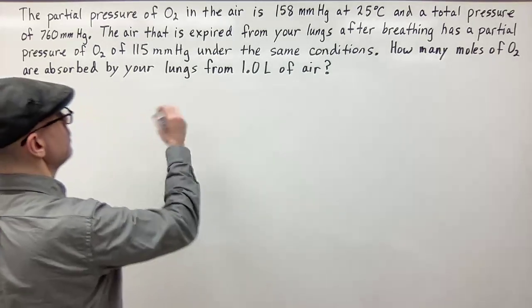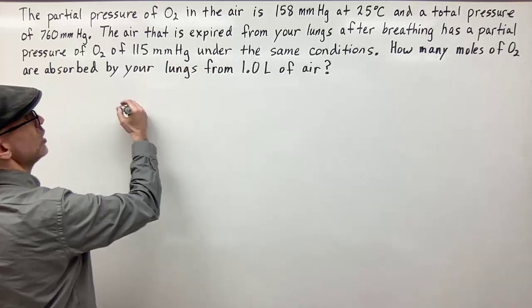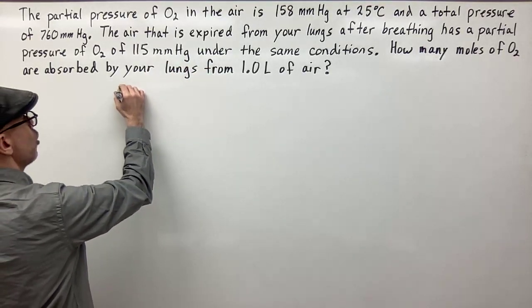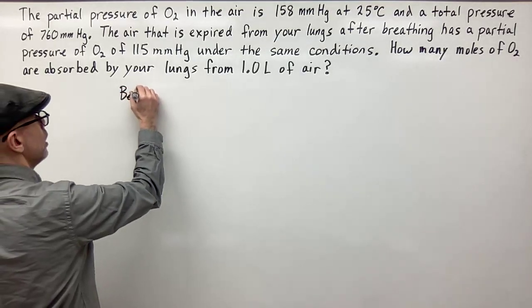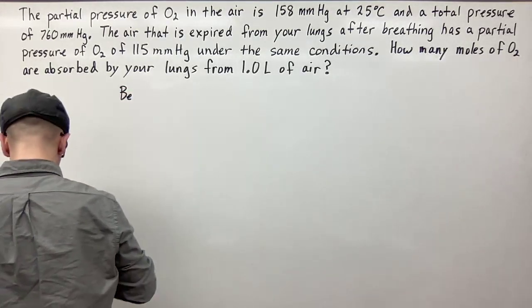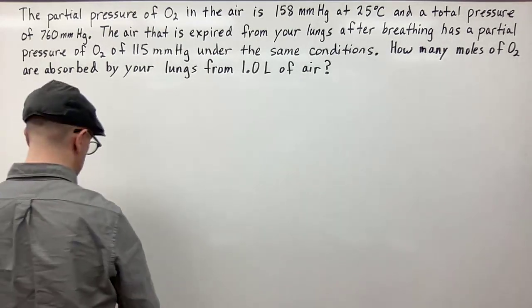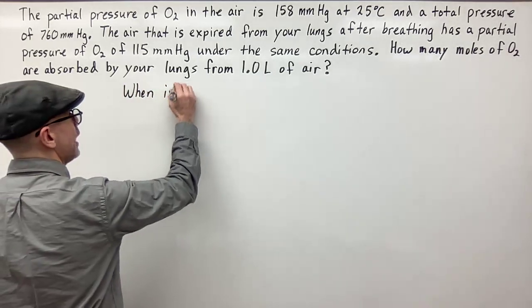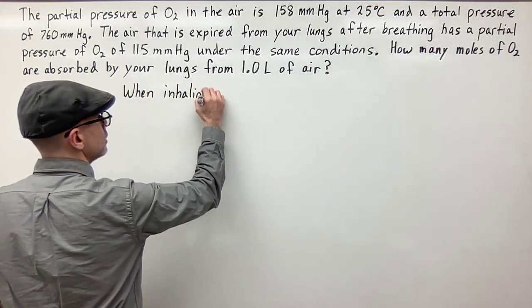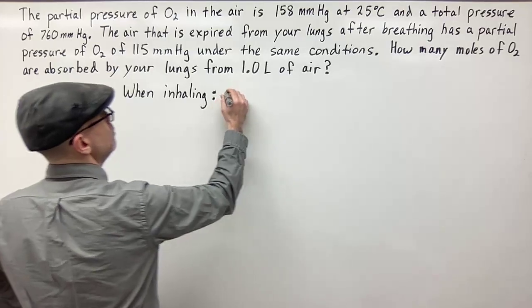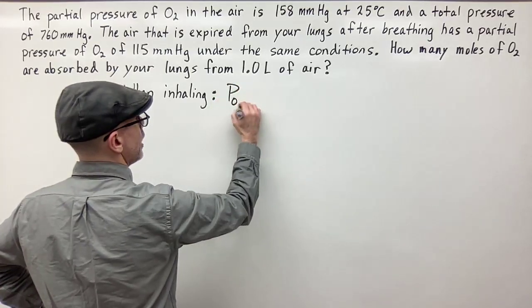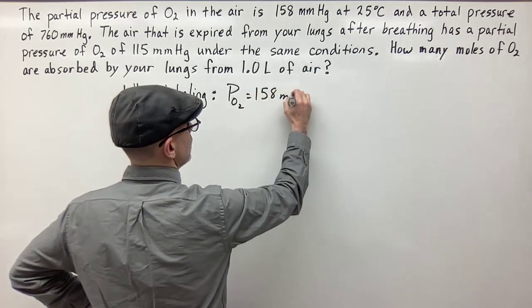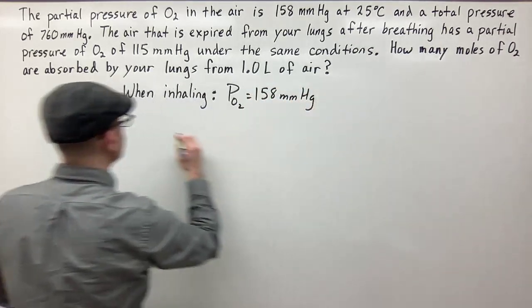So we're given the partial pressure of oxygen in air. When inhaling, the partial pressure of oxygen is equal to 158 millimeters of mercury.